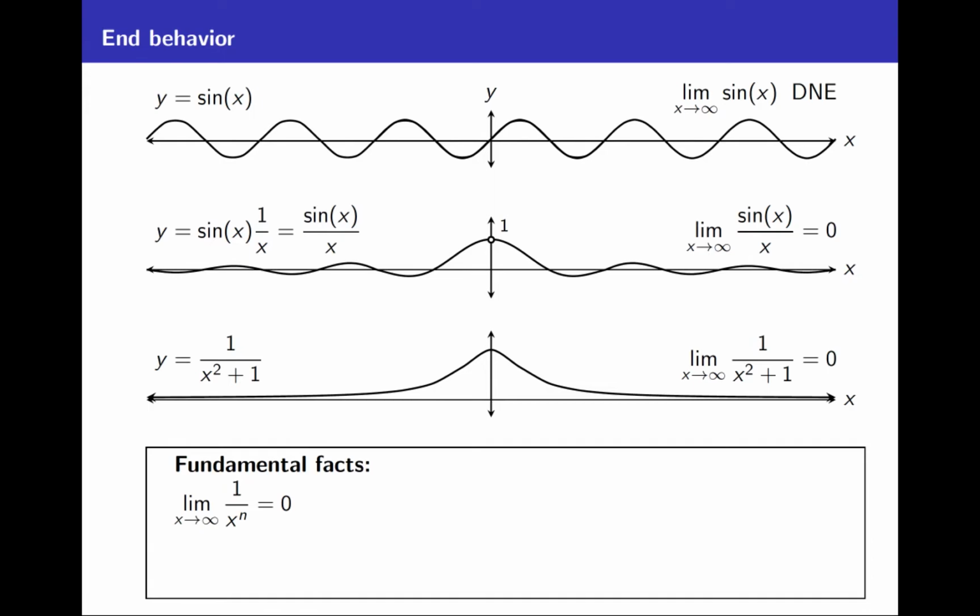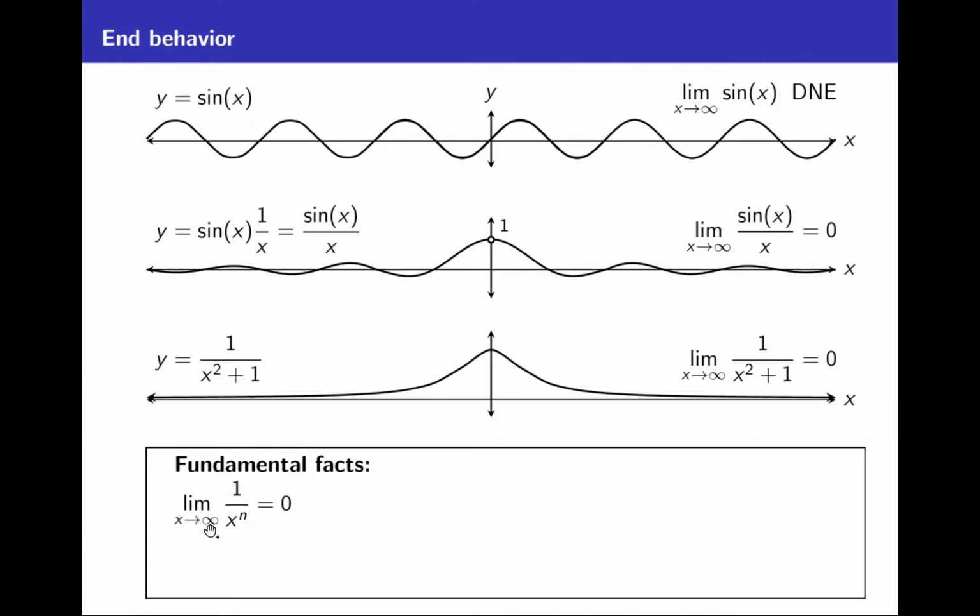I'm going to state a few fundamental facts that will be useful for us. First of all, the limit as x approaches infinity of 1 over x to the power of n equals 0 for any integer n.